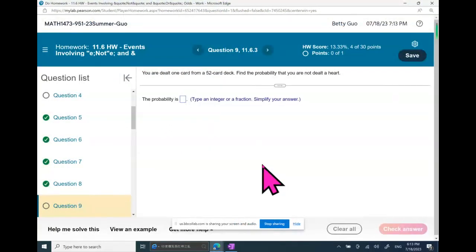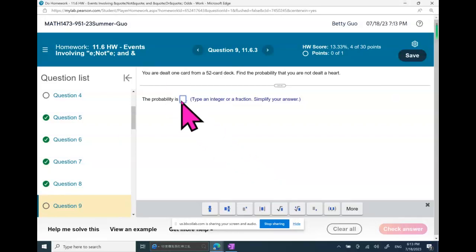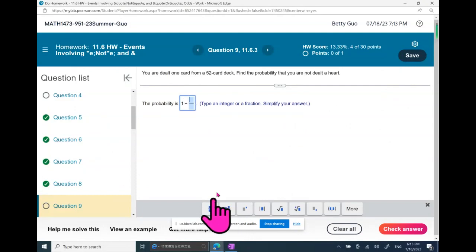Question number 9. You are dealt one card from a 52 card deck. Find the probability that you are not dealt a heart. The probability that you are dealt a heart is 1 over 4, because every deck has 4 suits: hearts, diamonds, clubs, spades.